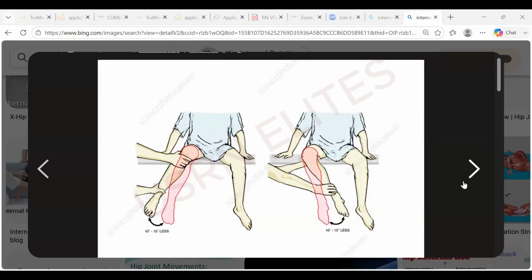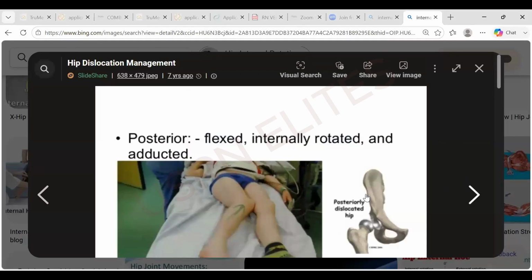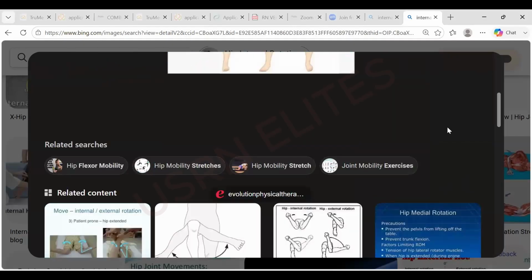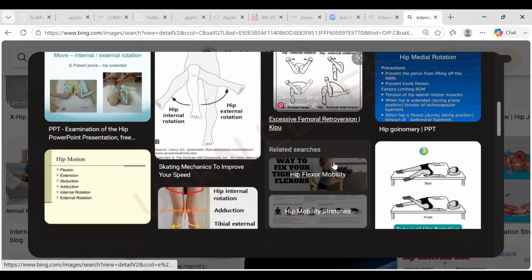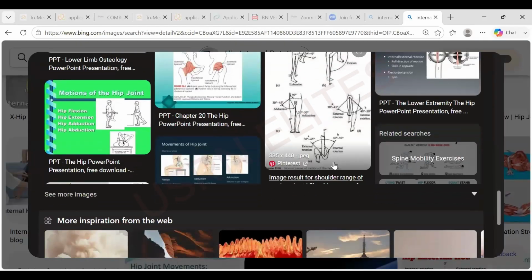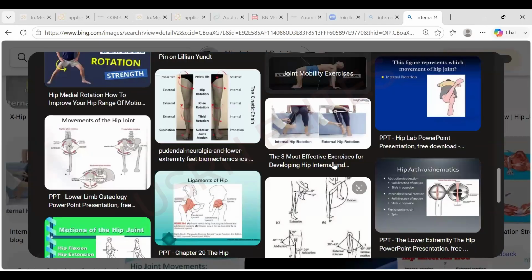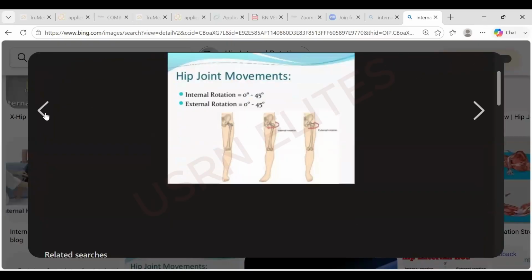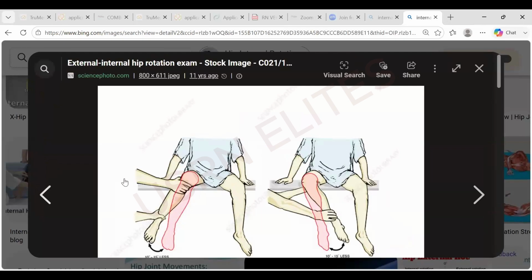Where the cursor is right now, it means that there is anterior dislocation of the hip, and there will be external rotation of the leg.